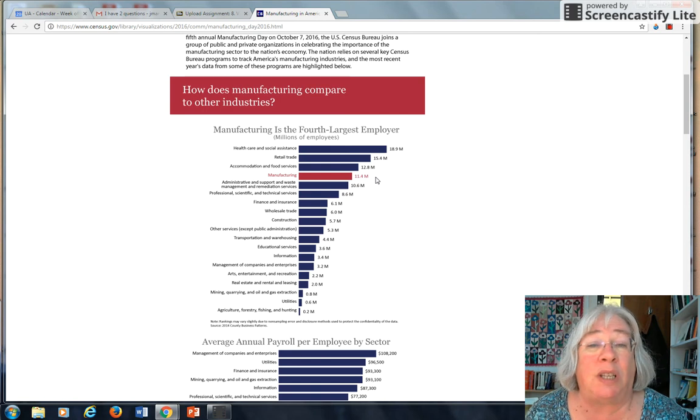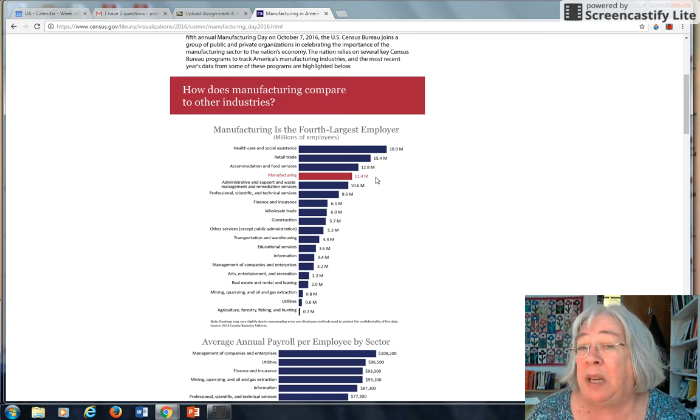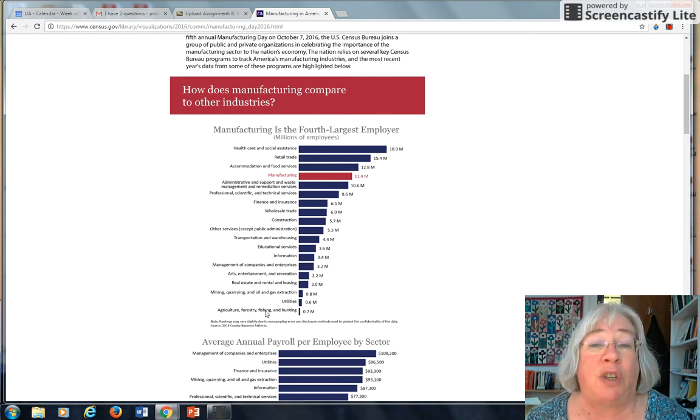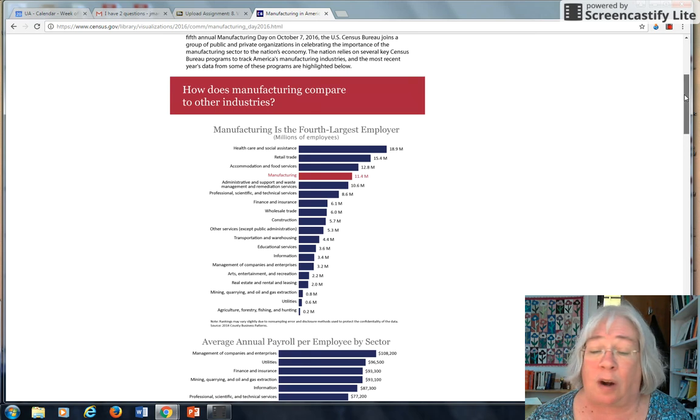But what kind of average? Is it a mean, or is it a median, or is it a mode? That would be some of the stuff that you could explain to me. And you'll have to read the chapter to learn how to determine what kind of an average this is and what kind of visualization this is. But this is a bar chart.